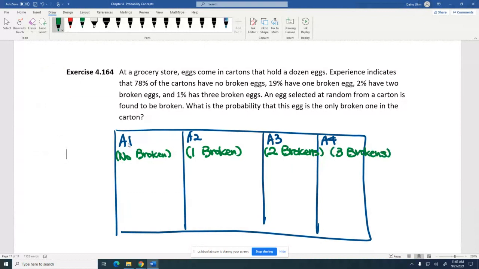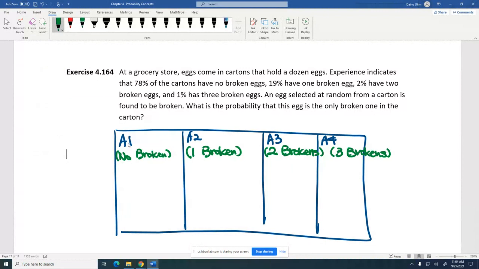The A's are mutually exclusive and exhaustive. Exhaustive means when we merge them together, it will be the same as the sample space.